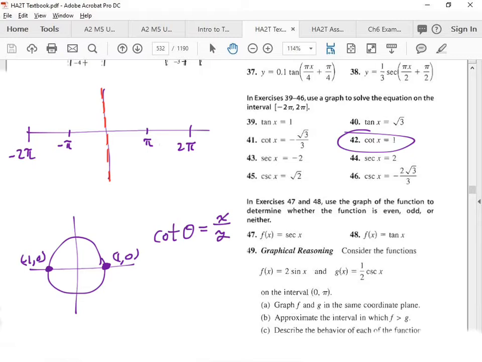At 0 radians and at pi radians, we have an undefined value. So I'm going to put another asymptote right there, and then we just keep going pi distances to get our next asymptote. Remember, the period of cotangent is pi, just like tangent.